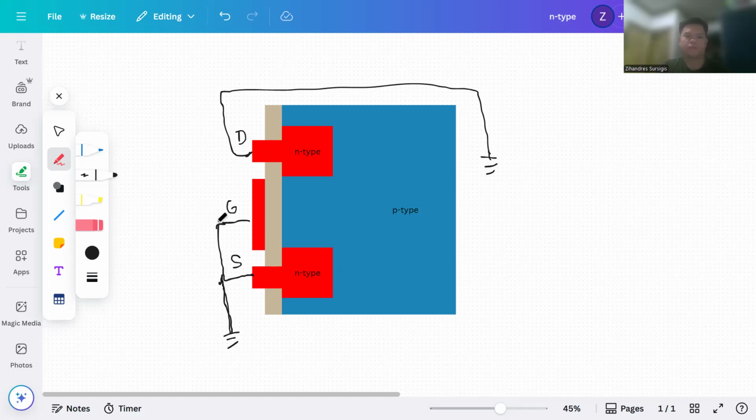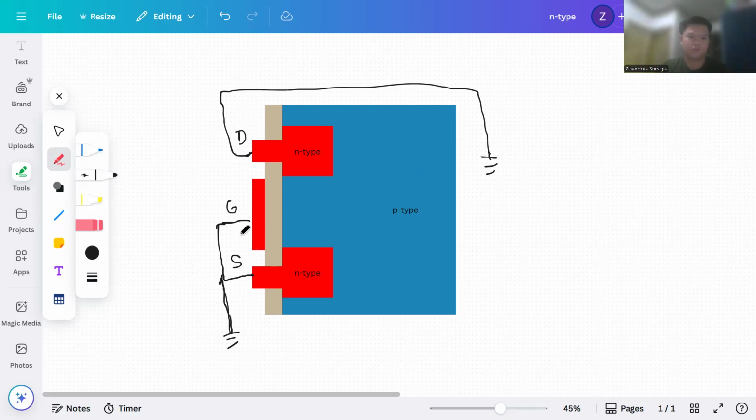So, essentially, ang gusto natin mangyari kapag meron kang N-channel na E-MOSFET is this voltage right here must be positive enough such that the electric field from these voltages ay magkakos ng pag-attract ng electrons ng the substrate natin.